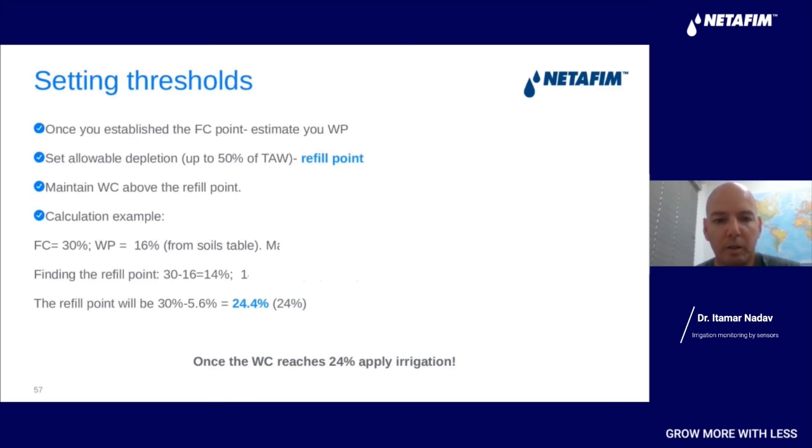Every time the water content reaches 24%, I apply irrigation. And I'm looking at the upper soil sensor. Every time the upper soil sensor reaches 24%, I apply irrigation.